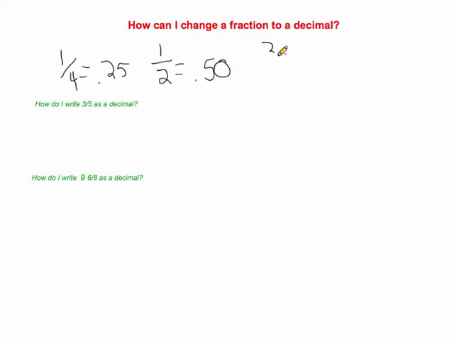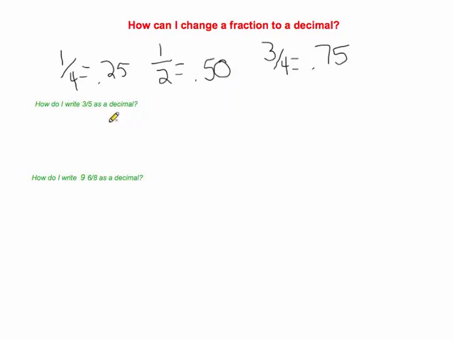Or 3/4, which equals 75 hundredths. If you can rename the fraction to the benchmarks 1/4, 1/2, or 3/4, you already know what those decimals represent.